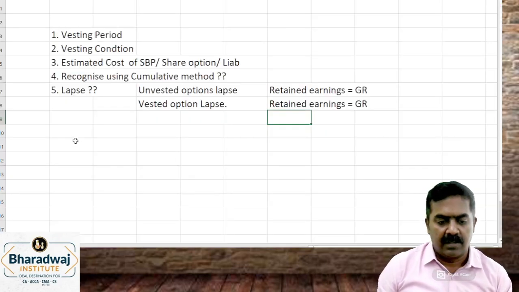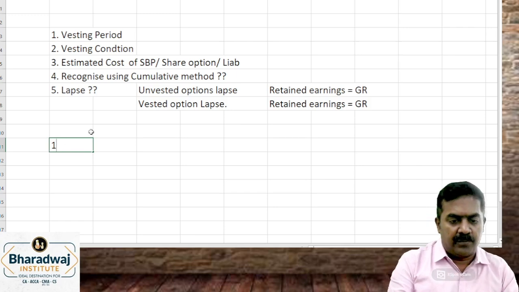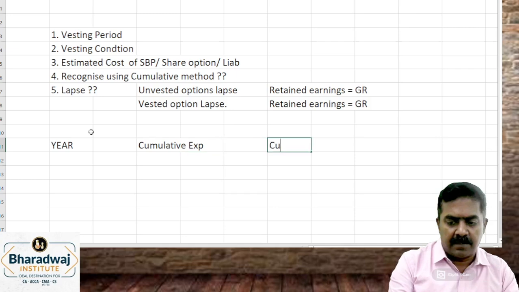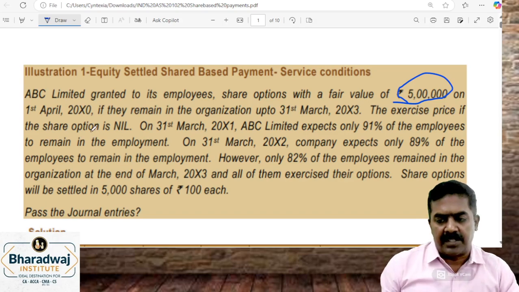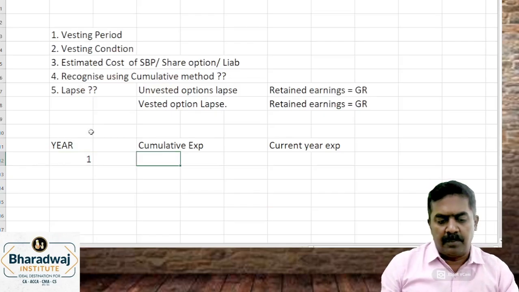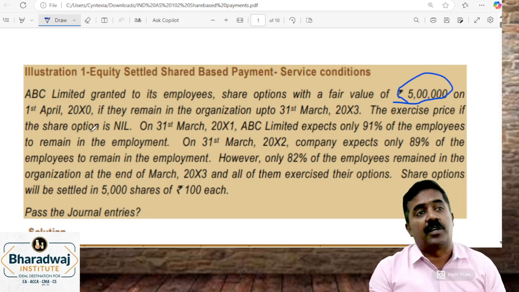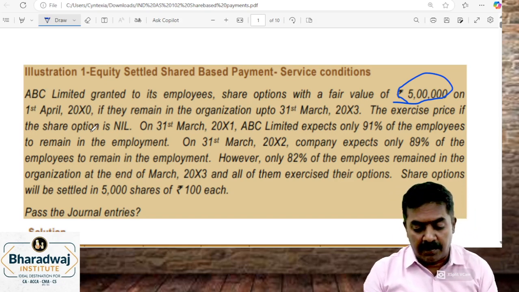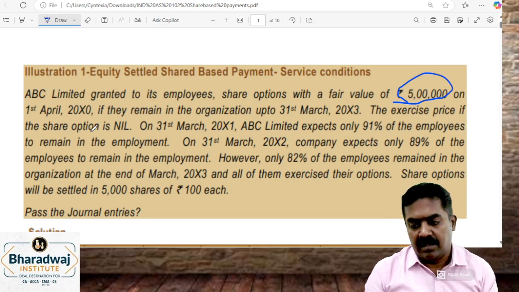3 years. So, first year: cumulative expense, current year expense. First year, what is going to be the expense? At first year end, they say employees continue. How many employees are we expecting to continue? 91%.